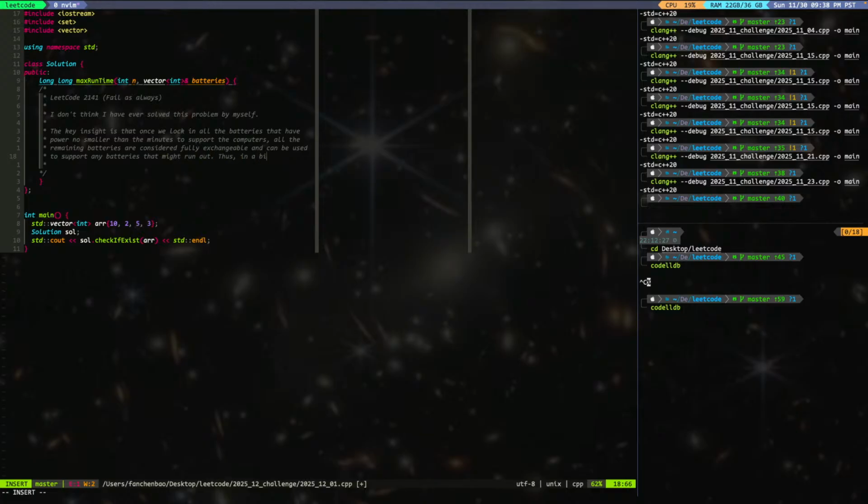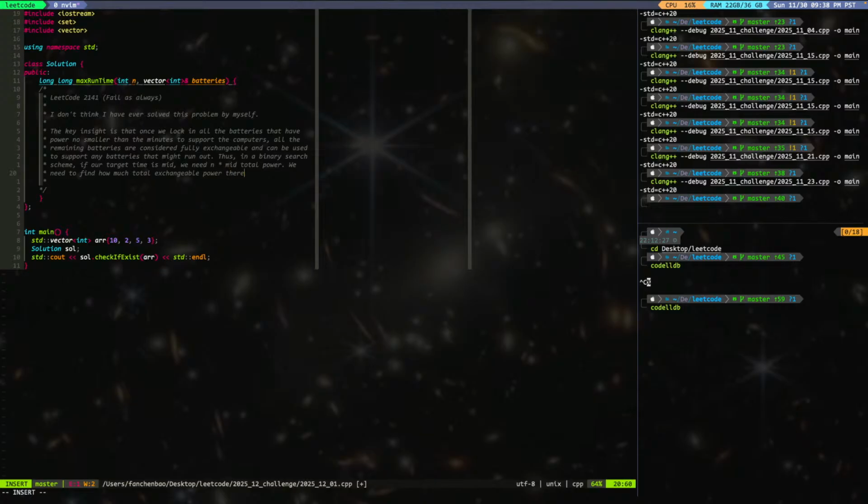Thus, in a binary search scheme, if our target time is mid, we need n times mid total power, right? We need to find how much total exchangeable power there is among the batteries.